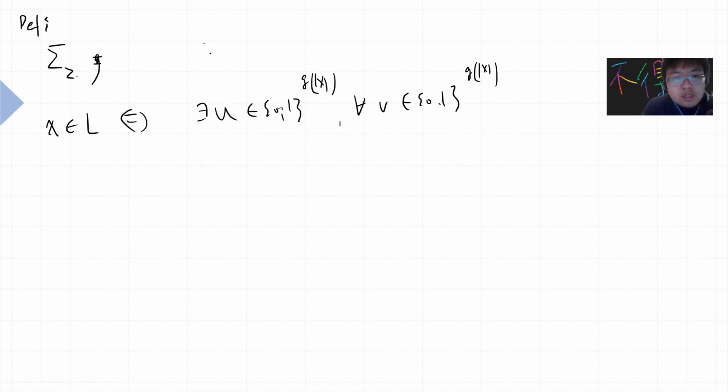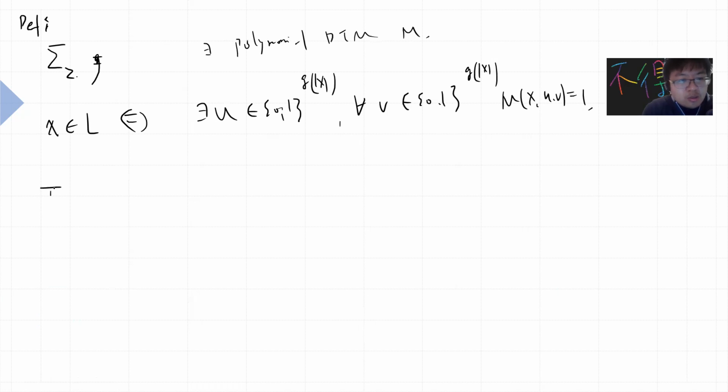And there is a polynomial-time deterministic Turing machine, let's call it M, such that M(x, U, V) is 1.